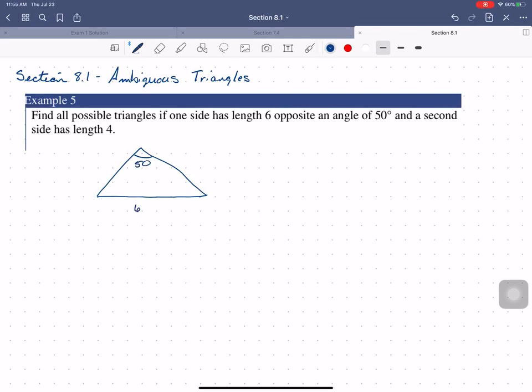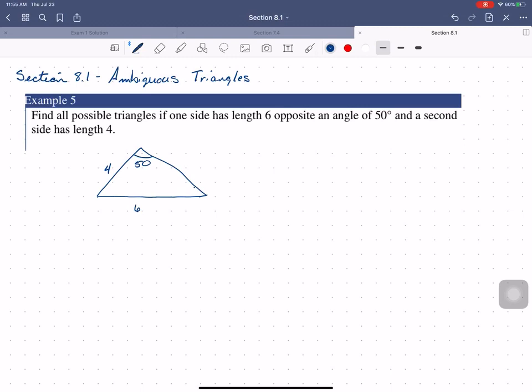And what we know is one of these two sides, either this one or this one, is 4. Now they can't both be 4, but one of the two sides is 4, and it really doesn't matter which one is 4, so we'll go for that one. Okay, so we think we can do this.